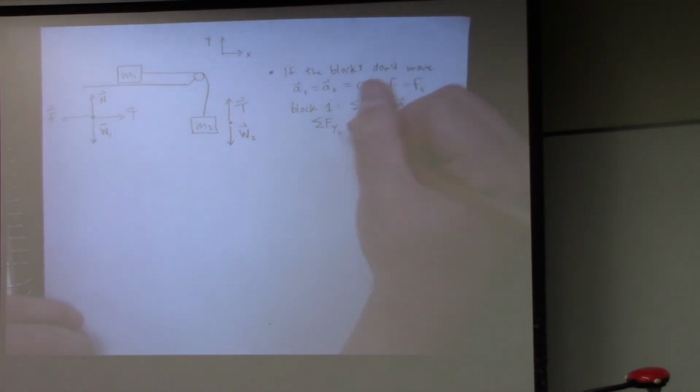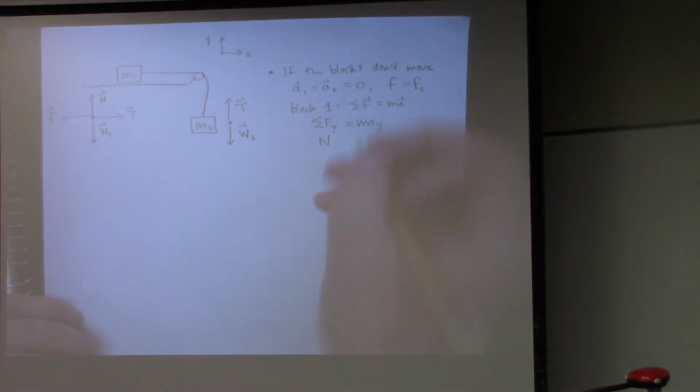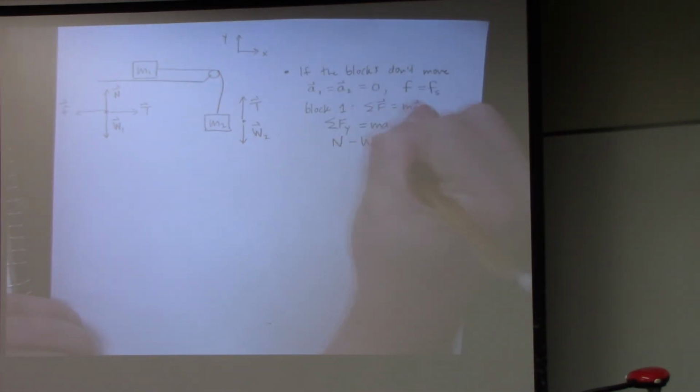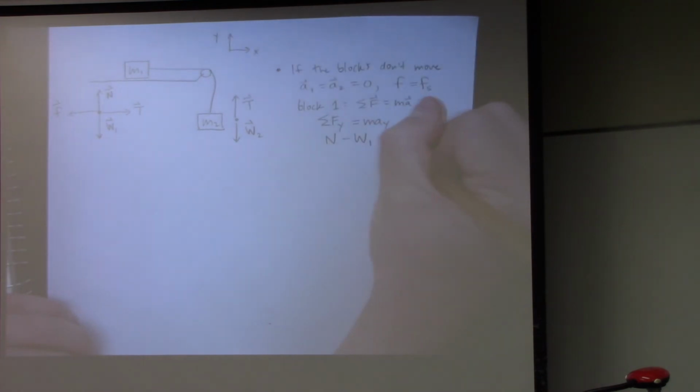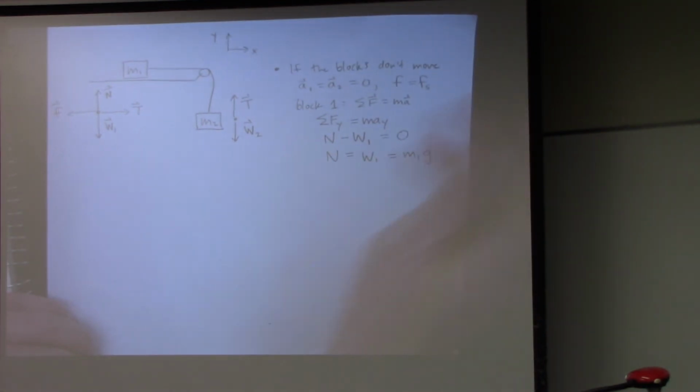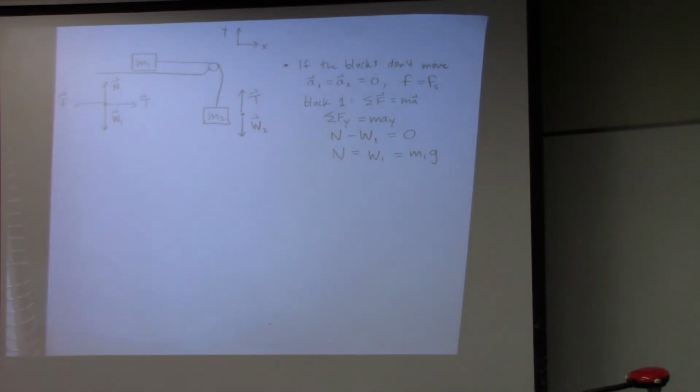So I've got the normal force going up. I've got the weight of block 1 going down. And that equals 0 because I'm assuming they don't move for the time being. So the normal force is equal to the weight of block 1, which would be m1 times g. So notice I've got to label everything as being m1 or m2 because both are going to be variables in this question.